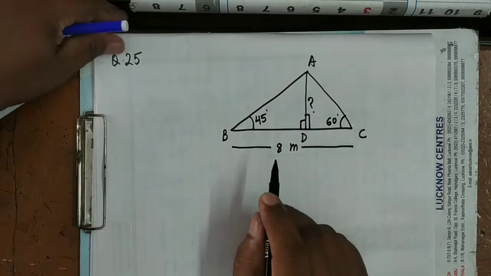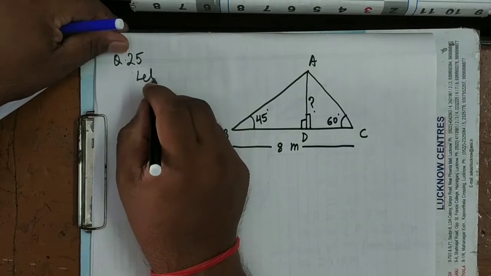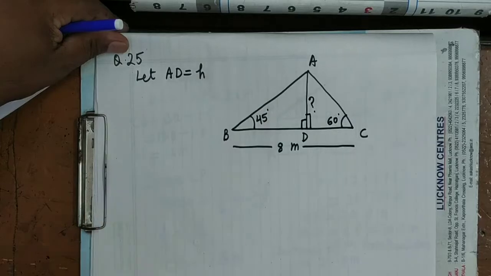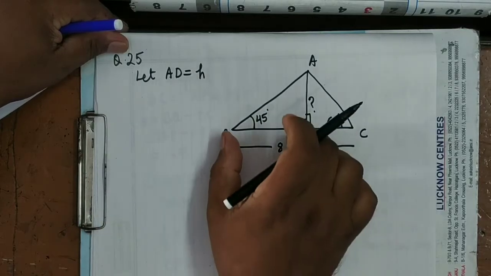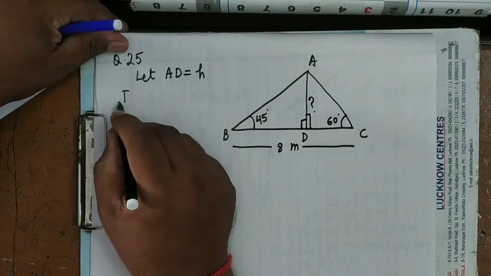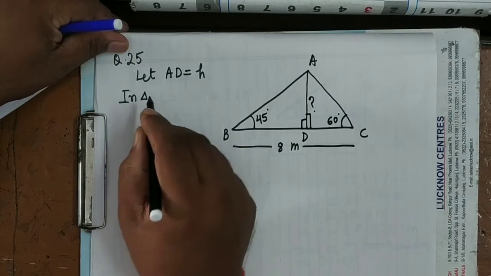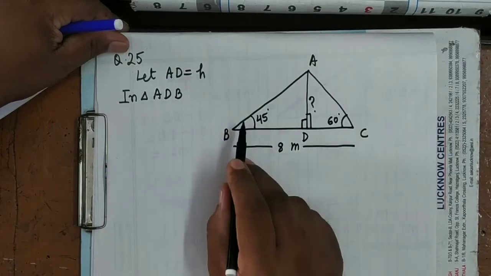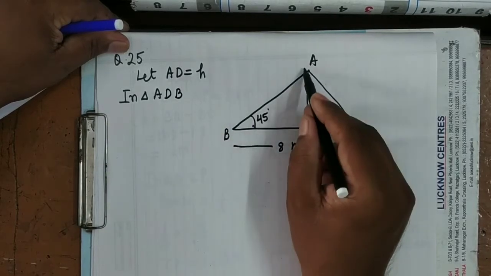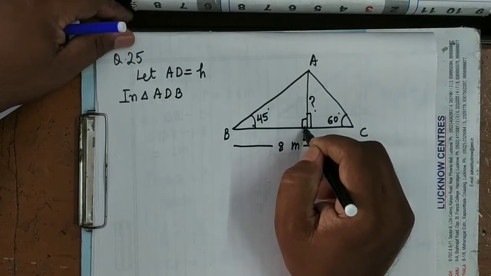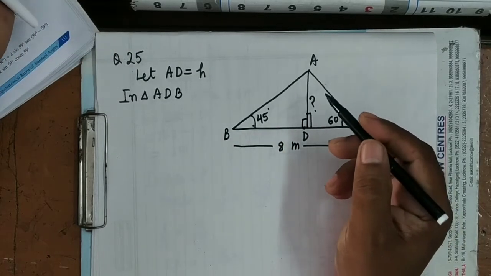So here we have assumed let AD equal to H. Now we will determine BD and CD in terms of H. So in triangle ADB, we apply tan, because this side and this side are containing the right angle.